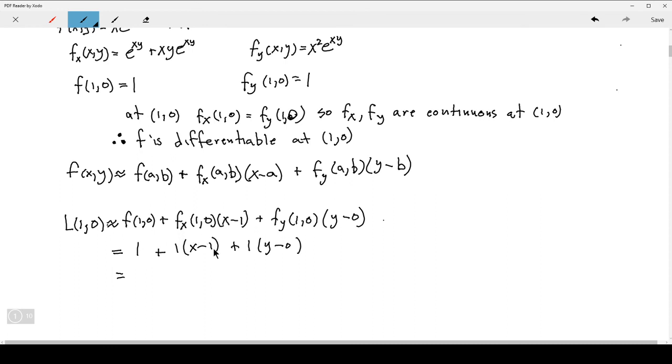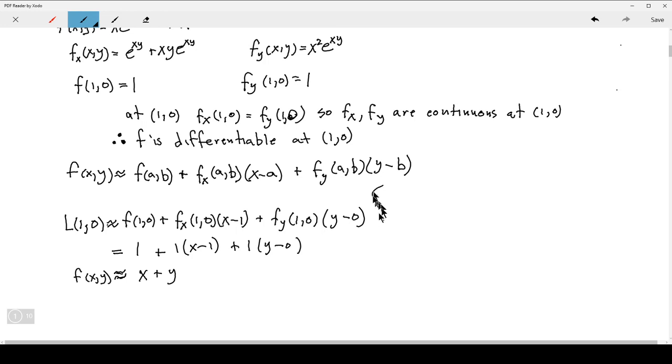When I distribute that, that's going to be a minus 1. So that's going to leave me with x plus y. All right, so what this is saying is we can approximate the function f of xy, approximately equal to, near the point 1, 0, by using the plane x plus y. Z equals x plus y.